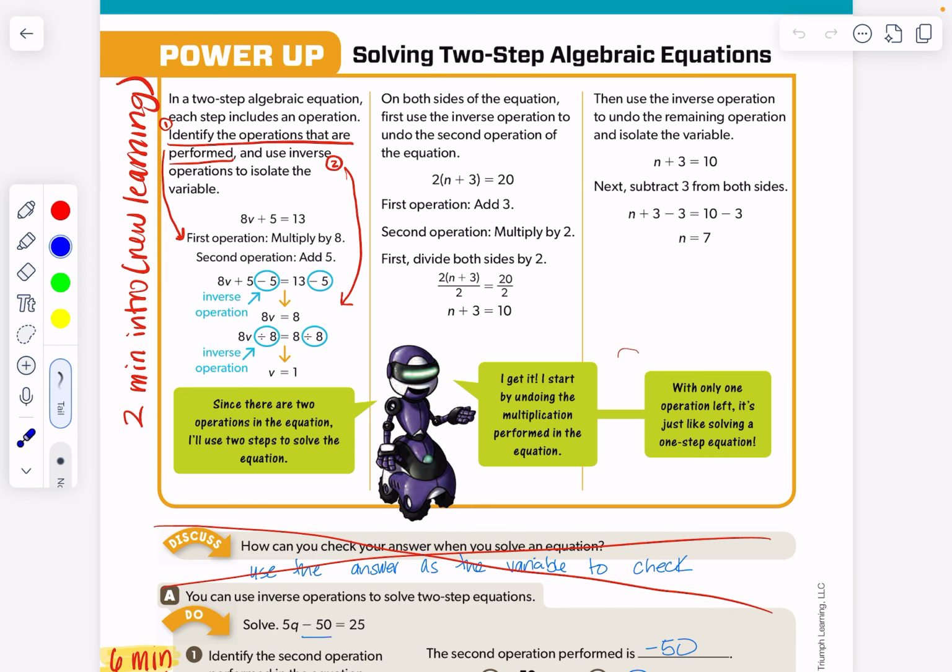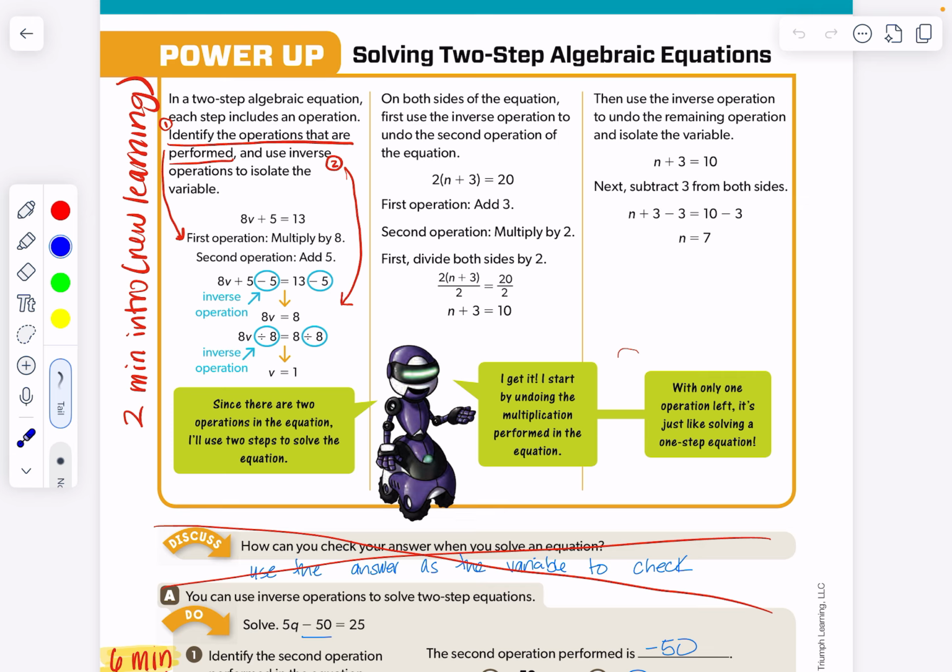What will be new learning for students is that in previous lessons, they have only focused on one-step equations. Today, they are going to be exposed to two-step equations. And so in order to isolate the variable, they may need to do a combination of inverse operations.